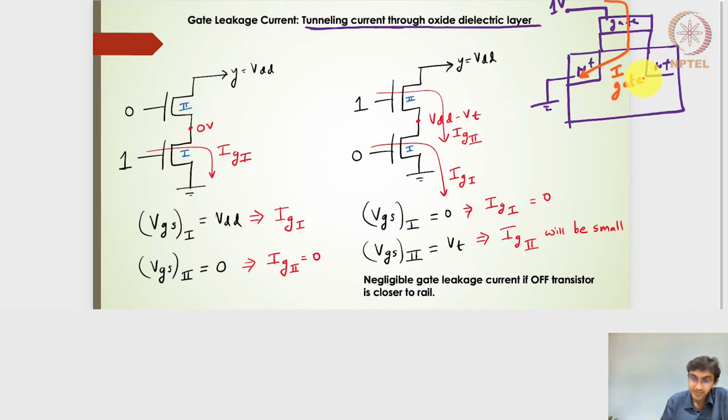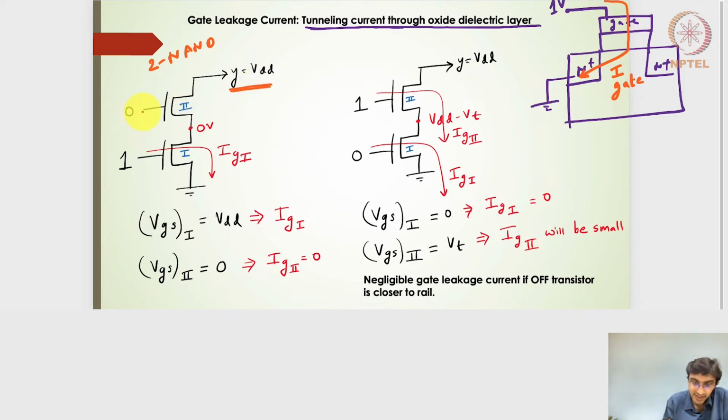Now, when I consider this circuit of two stacked transistors with Y equal to VDD, this could be part of a 2-input NAND gate where we have 0 and 1 as inputs. So my output will be 1 for a 2-input NAND gate. It will be driven by the pull-up side, which makes sure that the output node voltage is set at VDD.